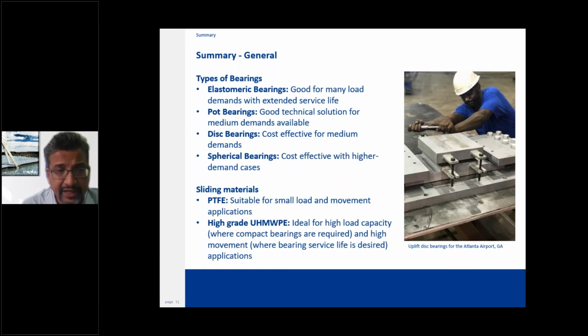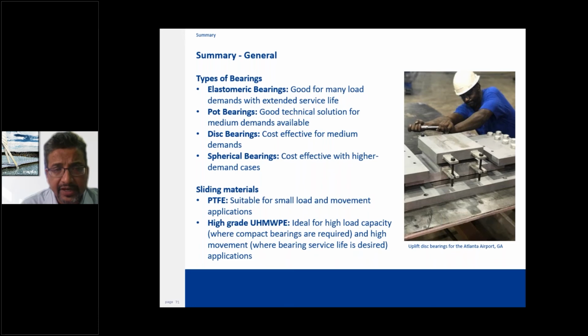Then there are HLMR bearings, high load multi-rotation bearings, pot bearings, disc bearings, and spherical bearings. The fundamental takeaway of this presentation was that there are many bearing options available to engineers.